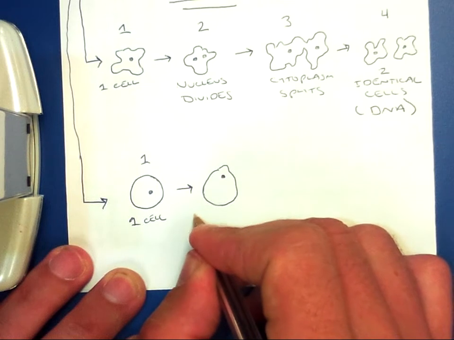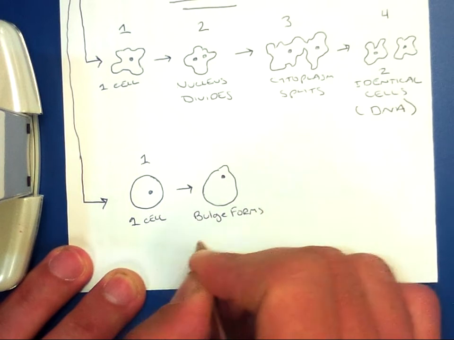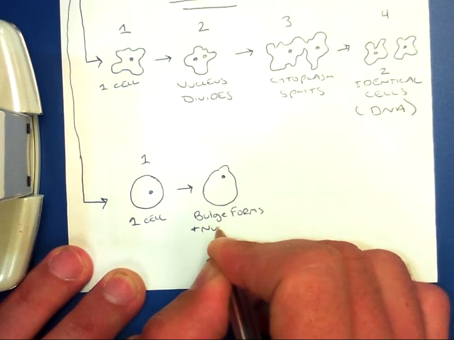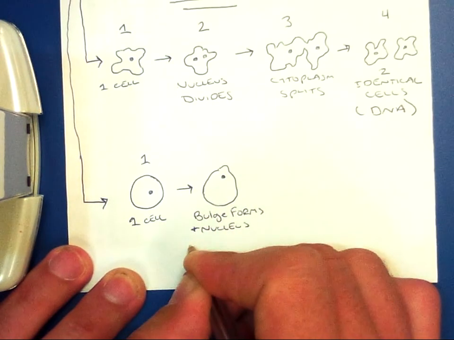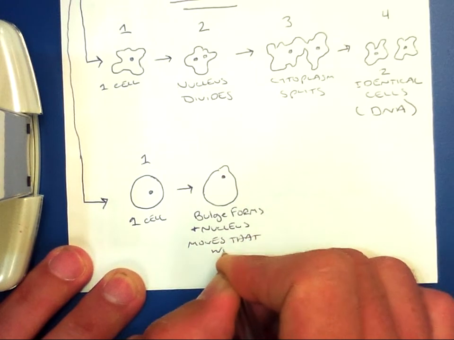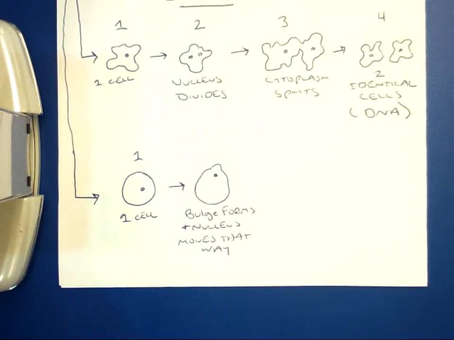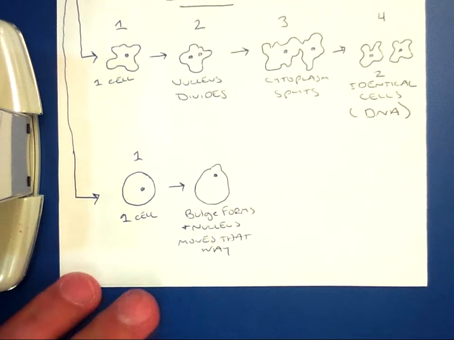So bulge forms, and nucleus moves that way. Okay, so that is step 2.